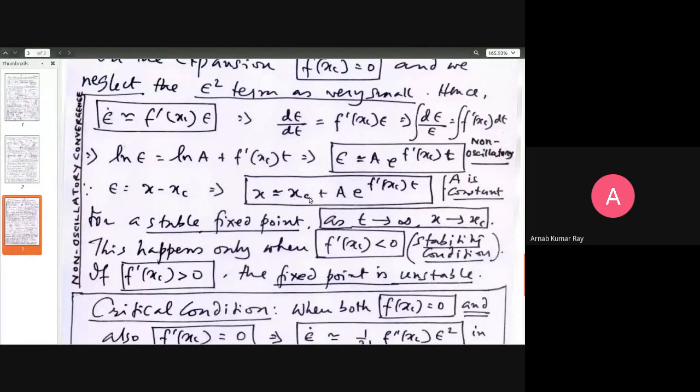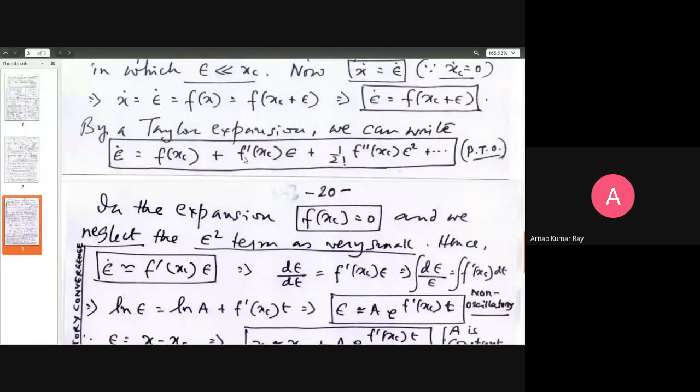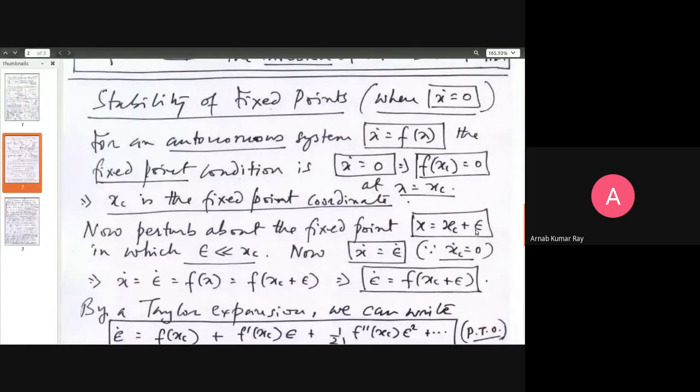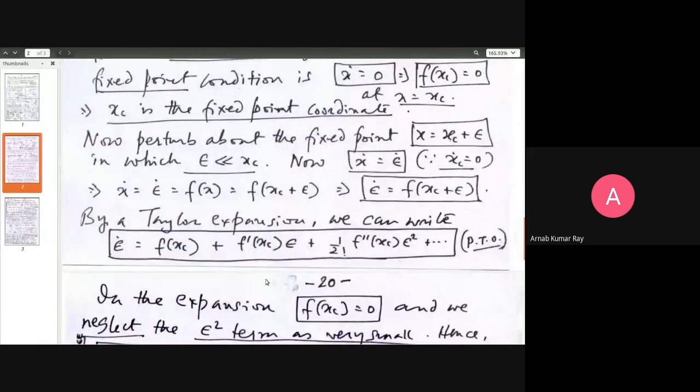You can see that this is very close to the fixed point. That is why we carry out a linearizing argument. If it had been farther away from the fixed point, then epsilon would not have been a small number, but this principle would have held. In that case, you could not have ignored the higher powers.